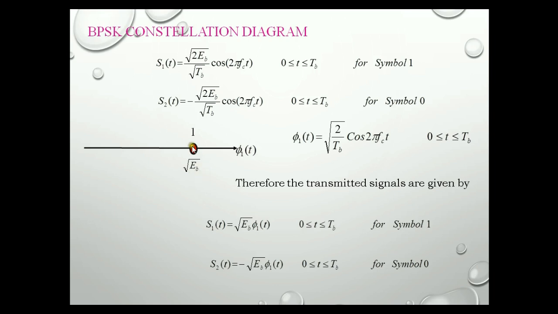That is what we have plotted here. Whereas when we are transmitting binary 0, the signal is S2 of t, having a magnitude of minus square root of EB with respect to the basis function psi 1 of t. So we can represent binary 0 with a magnitude equal to minus square root of EB. This is known as the constellation diagram for a BPSK signal.